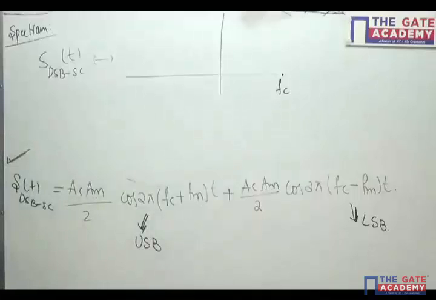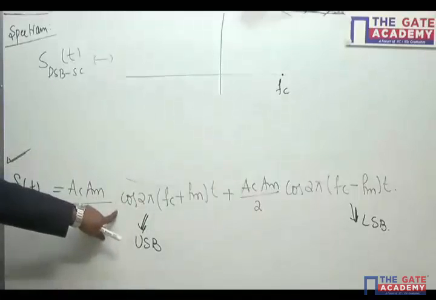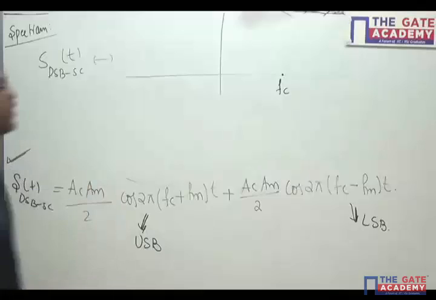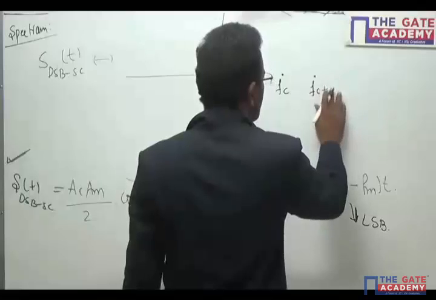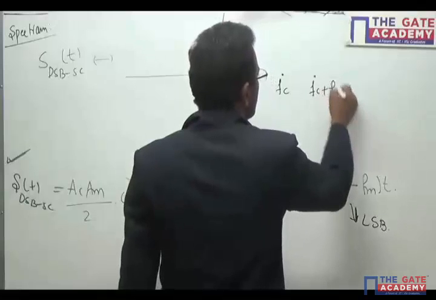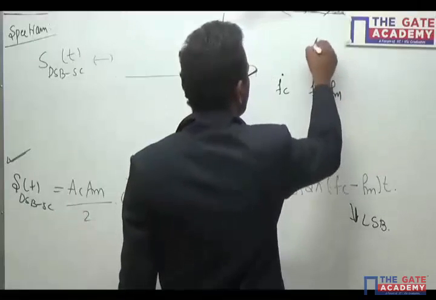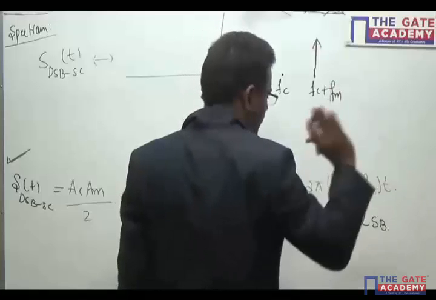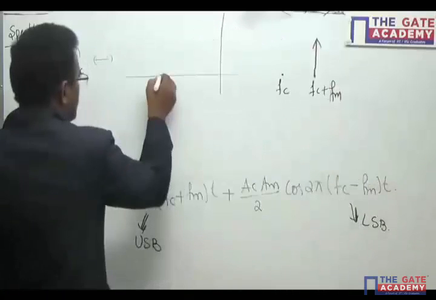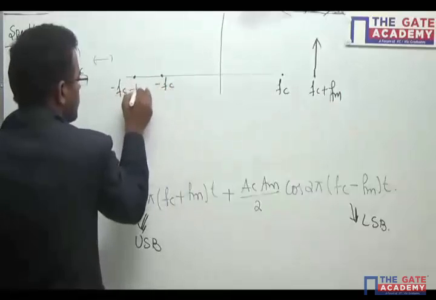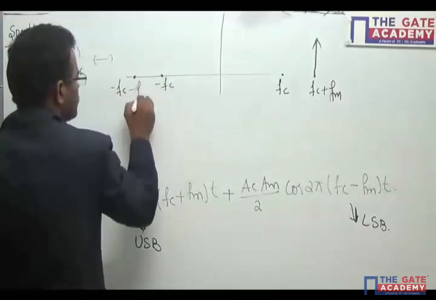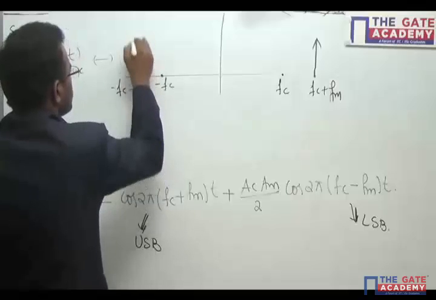We have the impulse at its frequency. What is the frequency of the first term? fc plus fm. So we have one impulse at fc plus fm. I will write the strength. Wait. The same thing will be on the negative side, so minus fc minus fm, we have the impulse.